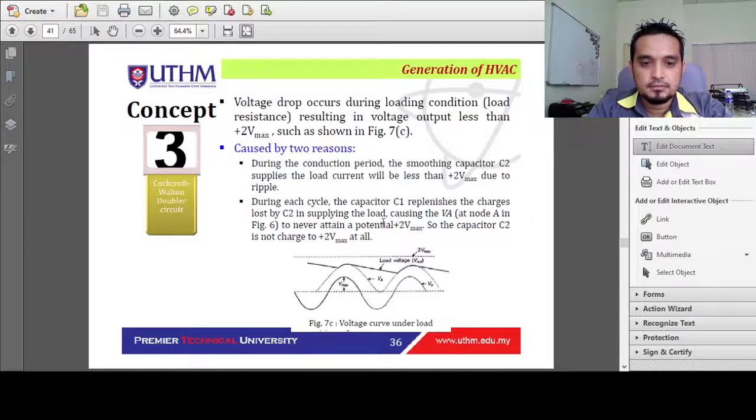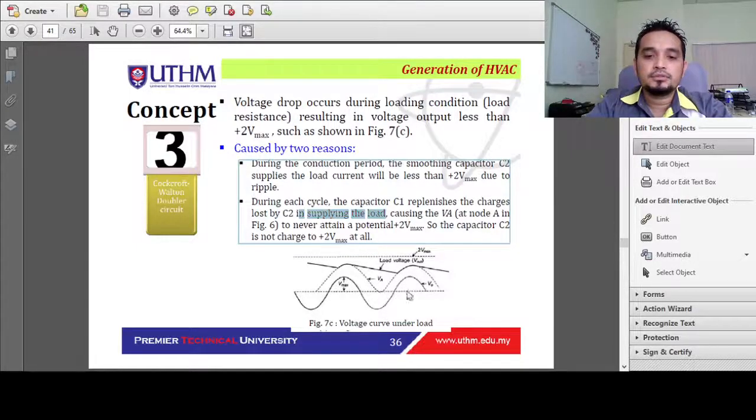What happens during each cycle is that capacitor C1 replenishes the charge lost by C2 in supporting the load, causing the voltage at node A in figure 6 to never attain the potential of 2 Vmax. So it's a combination of discharge and replenish.